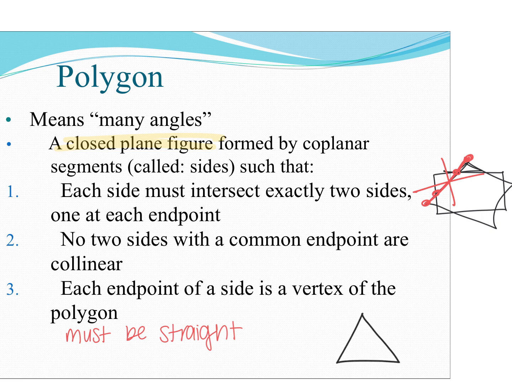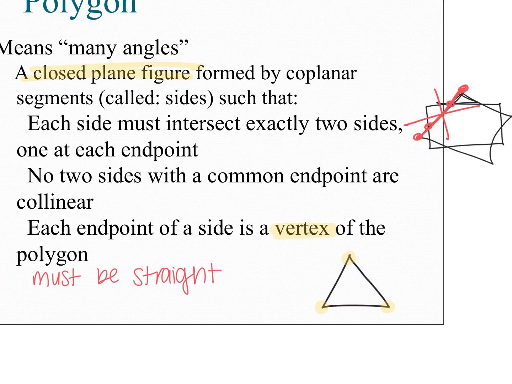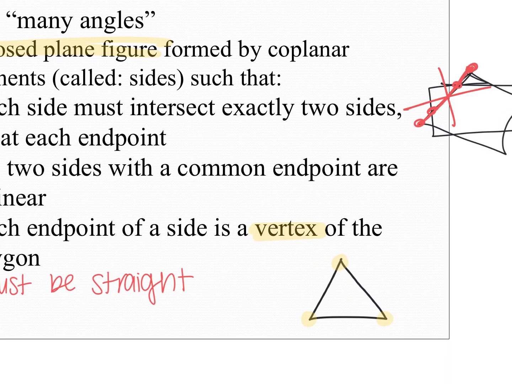If I'm giving you a triangle, my endpoints, I'm going to highlight them right here, are called my vertex, my vertices. Vertex is one, vertices is many. So my endpoints, technically my corners, are called my vertices, those specific points where they meet.